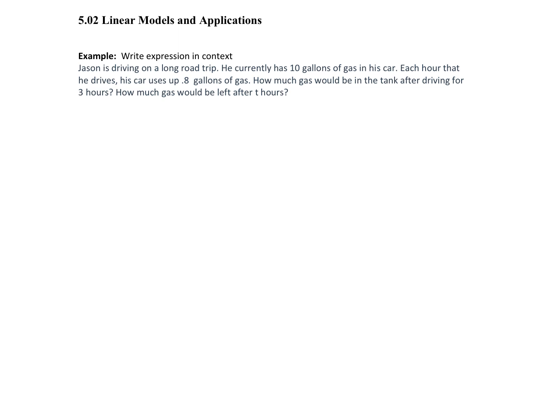So, as always, we should use the information here. So we know T is the number of hours. And we know that every hour he uses up 0.8 of a gallon.